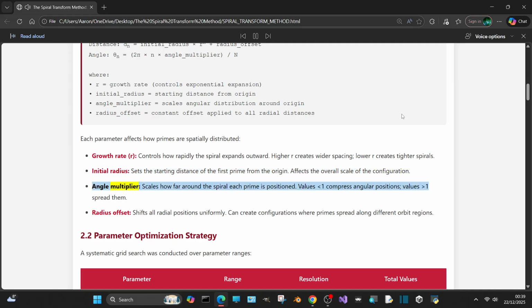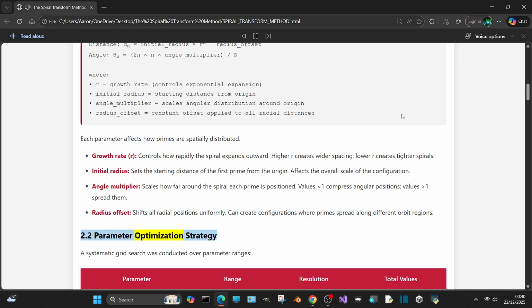Angle multiplier scales how far around the spiral each prime is positioned. Values below 1 compress angular positions, values above 1 spread them. Radius offset shifts all radial positions uniformly. It can create configurations where primes spread along different orbit regions.